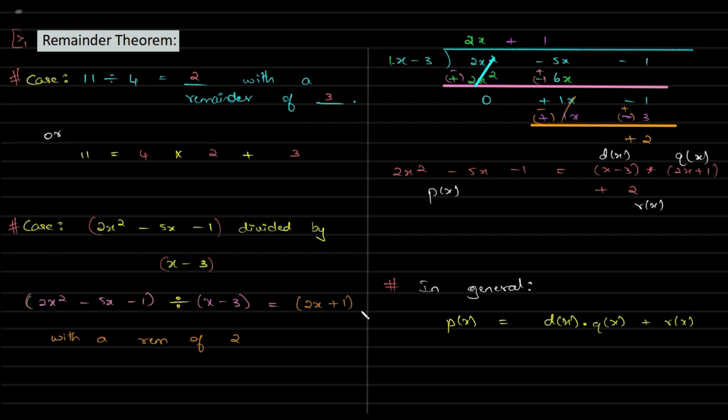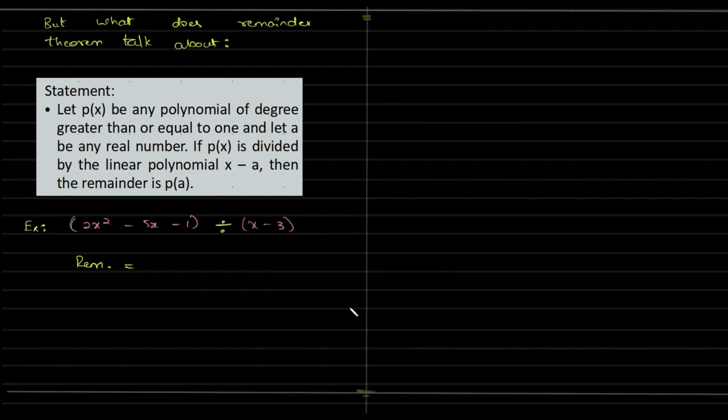So this is about division. We have not yet gone to the remainder theorem. But what does the theorem tell? All this fancy word tells this: when we divide these two, we got a remainder of 2. So instead of doing such long division, if you are looking for the remainder only, you can directly do this.